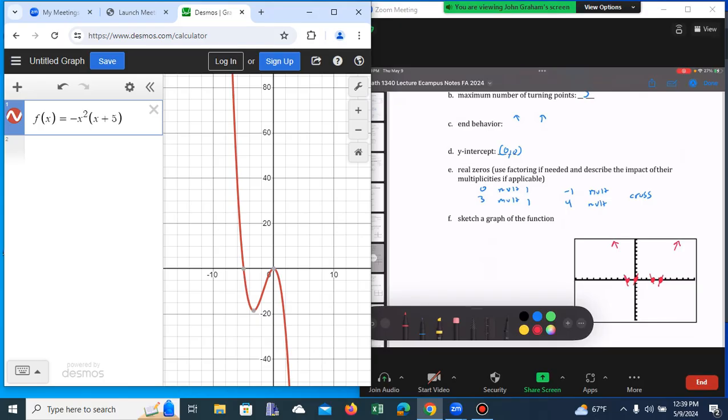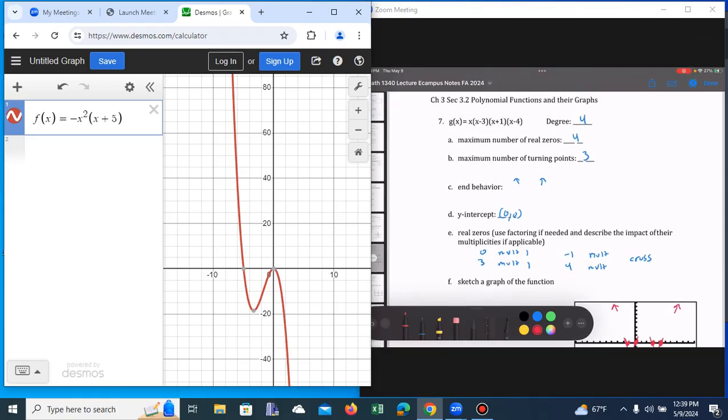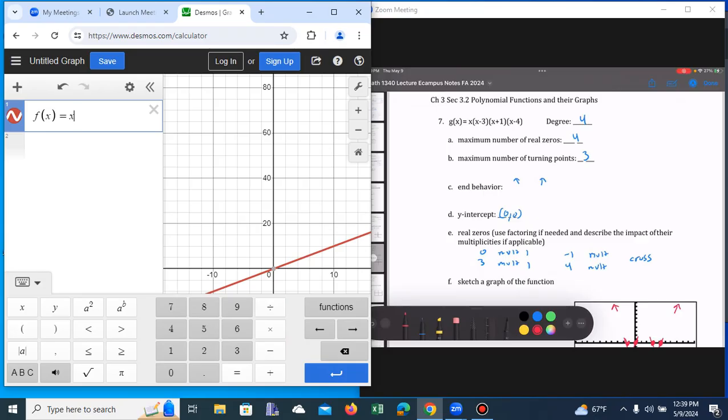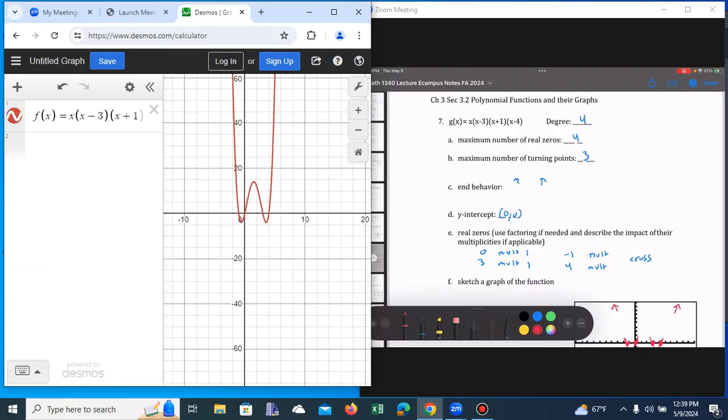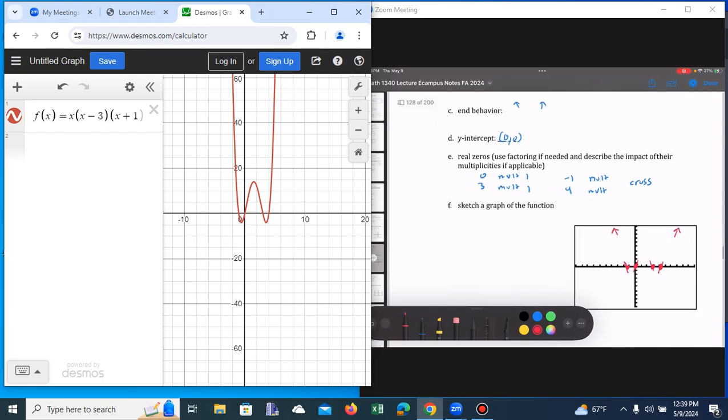So let's see what this actually looks like. x times x minus 3 times x plus 1 times x minus 4. So it doesn't go that low when it crosses into the negative. Maybe a little bit higher though when it's on the positive side in the middle. We just connect everything. So it has a W look to it that crosses the x-axis.